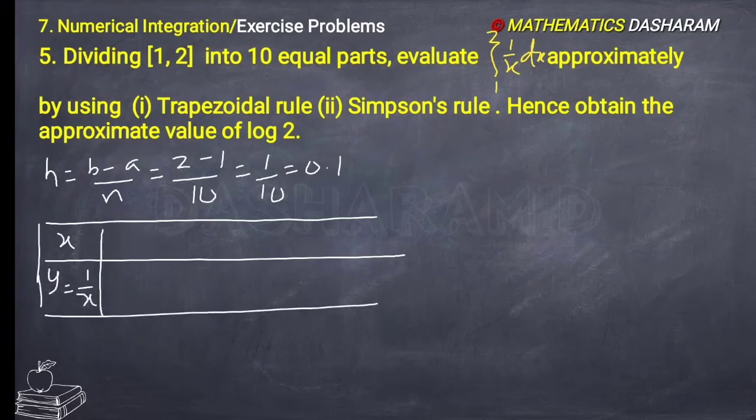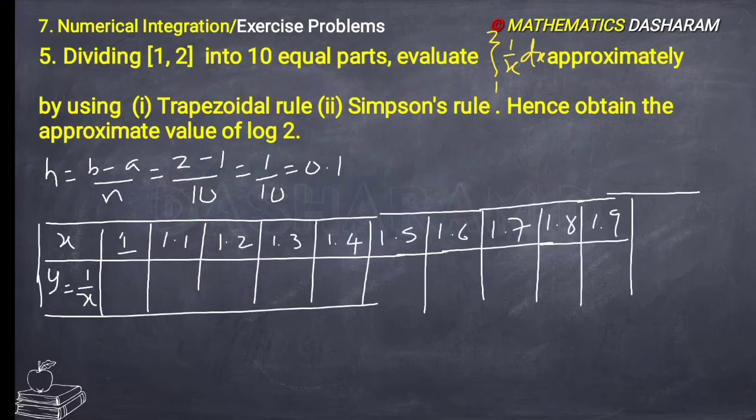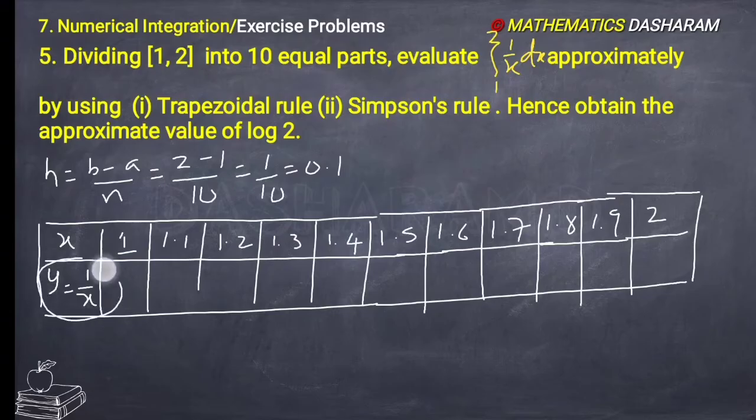So the first x value is the lower limit. Next increasing with h, that is 0.1. So 1.1, 1.2, up to 1.9, next 2. Now let's find out the respective y values. So when the x value is 1, then y value is also 1 by 1, that means 1.